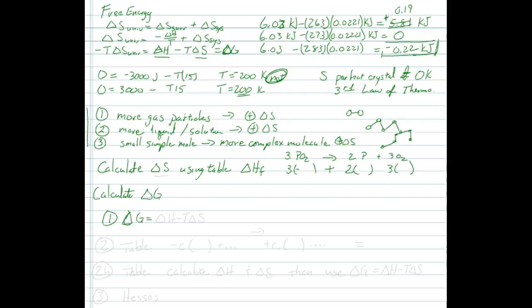Delta G equals delta H minus T delta S. Given or find, calculate delta H and delta S from a table, just like you did with delta H and delta S up here. If it's a coefficient, you multiply it. If it's on the left-hand side, you multiply by negative, plus the coefficient of the value, and so on, and you total them up to get the sum.